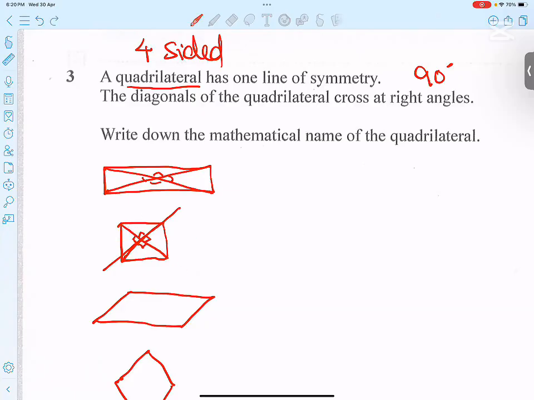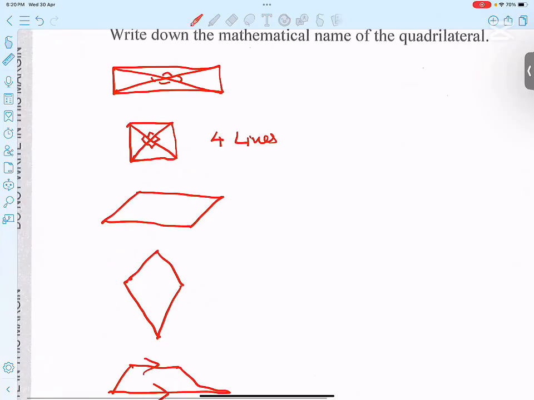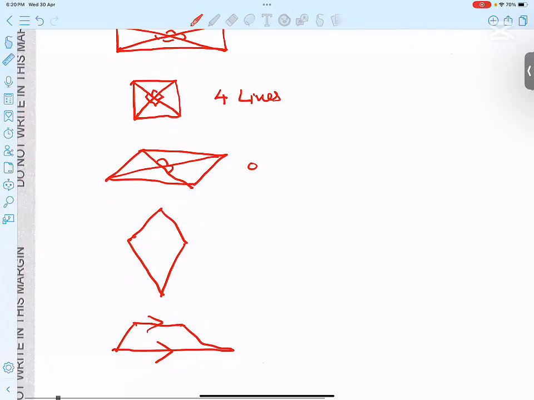So it has four line symmetries and the diagonals make a 90 degree. Here it has no line symmetry, zero line symmetry, and they do not even meet at 90 degrees. Even in the trapezium we talk about, if you join the diagonals they will never meet at 90 degrees. So the kite, if I join them, this box means 90 degrees, students, and it has one line symmetry only.